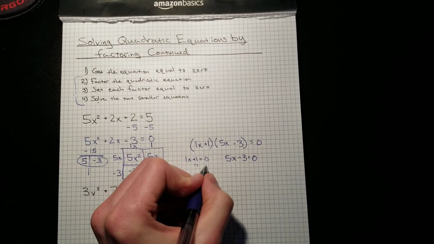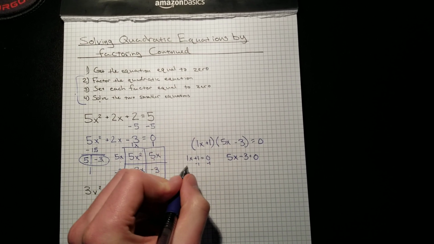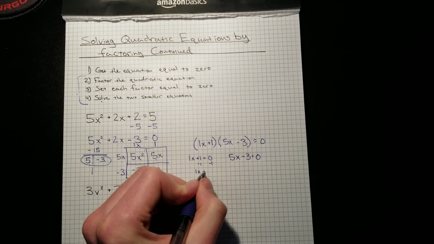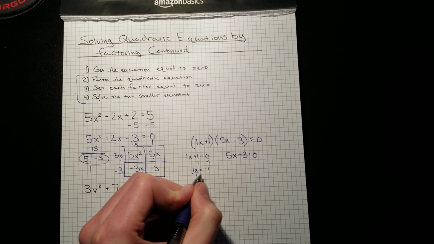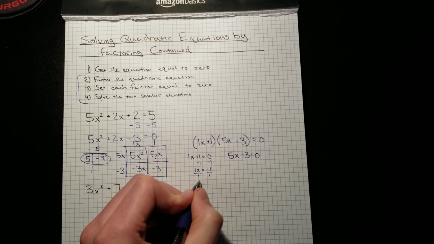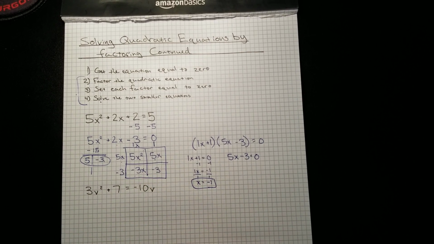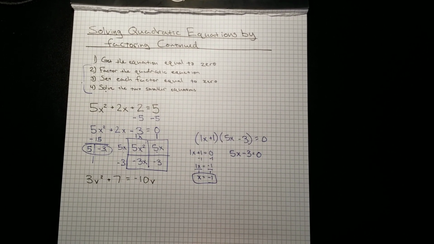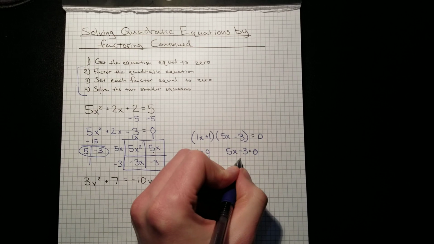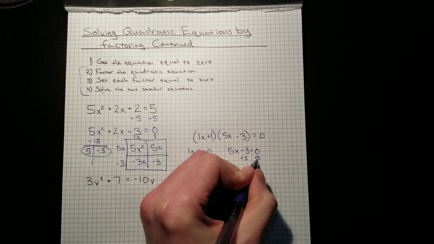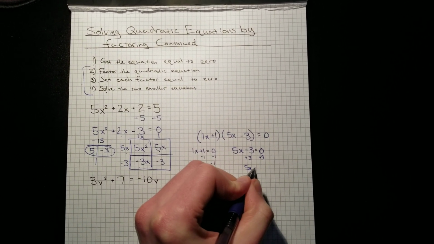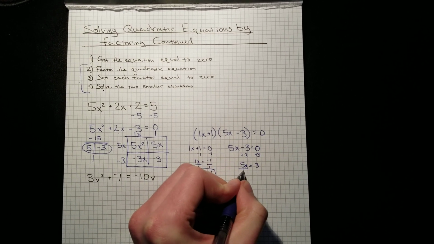So minus 1, minus 1. We're just going to solve that like a normal equation. So we have 1x equals negative 1. Divide by 1. We don't really need to do that, but we get x equals negative 1. So that's one of the two answers. And for the other one, we add 3 to both sides. 5x equals 3.